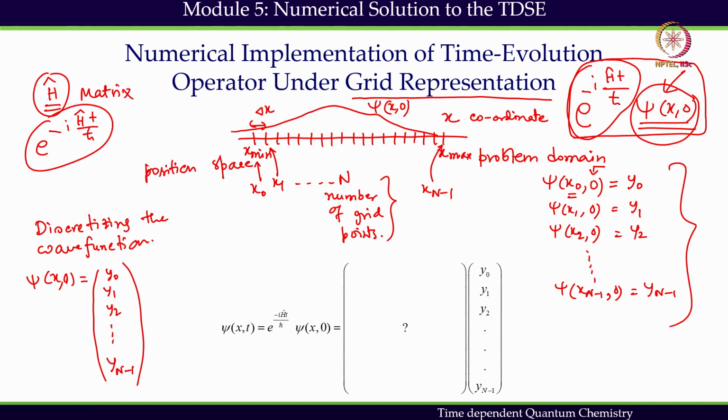The question is, how do I represent this exponential operator in terms of a matrix? Because in the end, if I multiply this matrix by the wave function, I get back the wave function at a particular time, and that is the motivation of this exercise. What would be the matrix representation of this exponential operator?